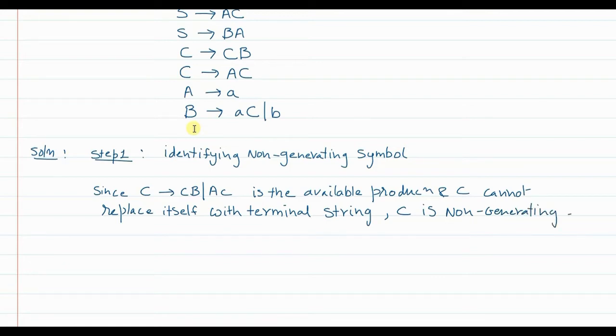Now A gives a and B is also able to replace itself with small b, so they are generating symbols. Why? Because they are directly able to replace themselves with small a and small b.